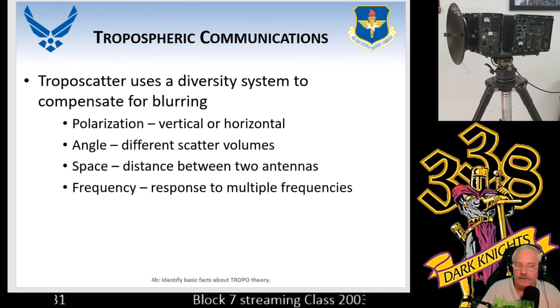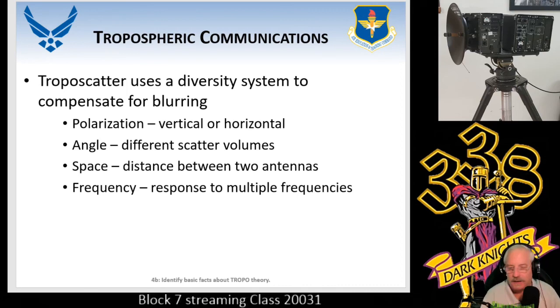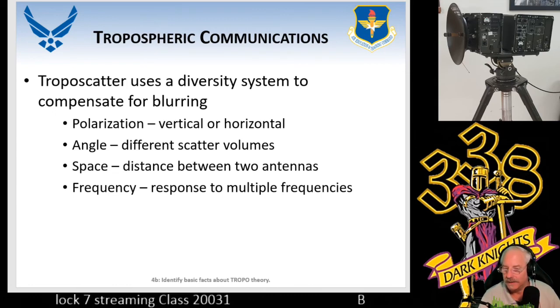We have something called a diversity system. I'm going to try to explain this to you, but it'll be easier once you see it on the TISR or the Jerk 239, whatever you want to call it. Polarization. You know that between nonlinear antennas, both vertical and horizontal, that they just don't talk to each other. You got to have vertical to vertical or horizontal to horizontal.